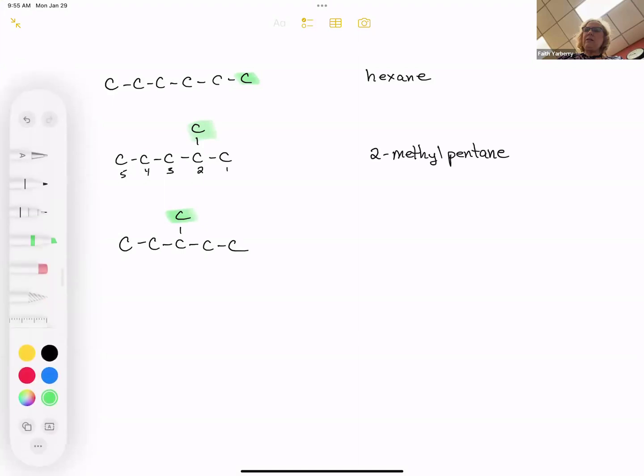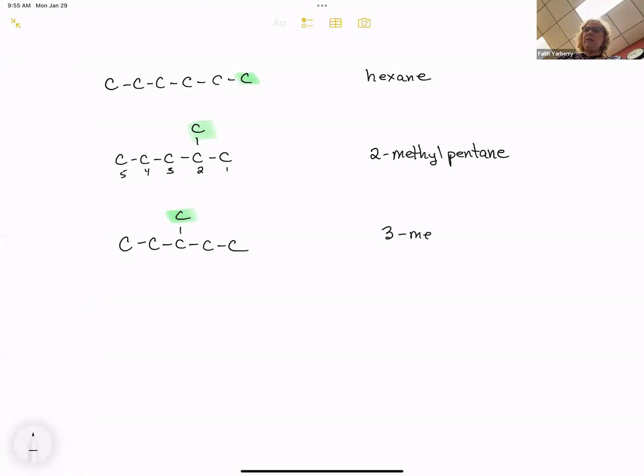And when I put it on the center one, I now have 3-methylpentane. So the words can be the same, but as long as the number's different, the name is different.